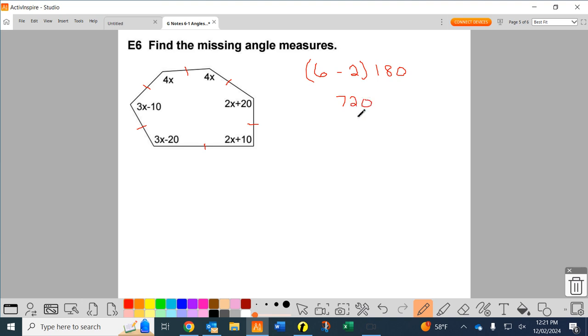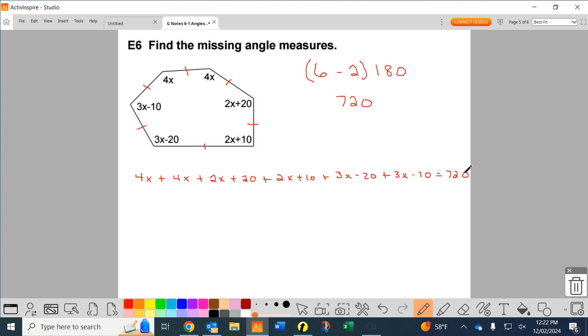Okay. Now this is going to look awful. I'm telling you up front. It looks terrible, and then it gets really easy really fast. So 4x plus 4x plus 2x plus 20 plus 2x plus 10 plus 3x minus 20 plus 3x minus 10 equals 720.